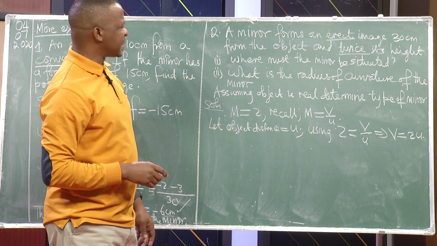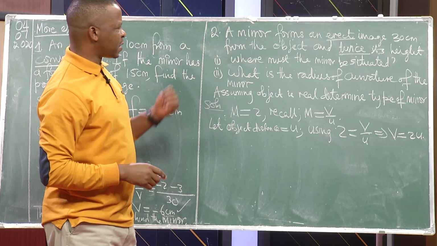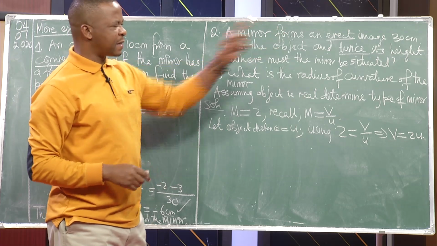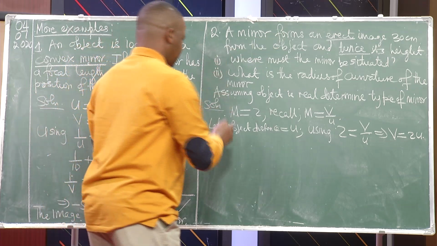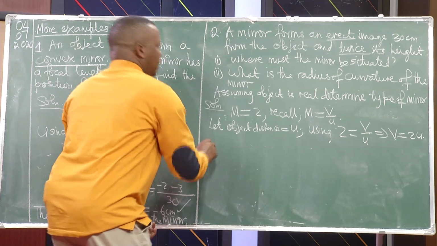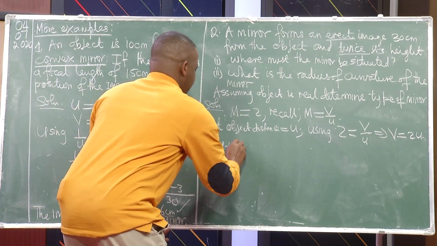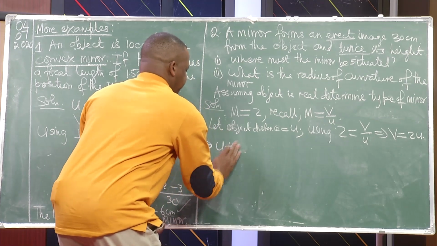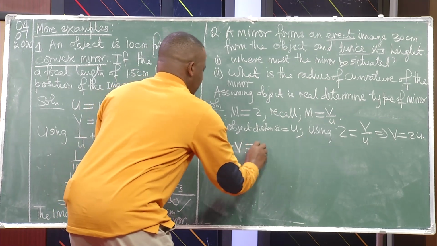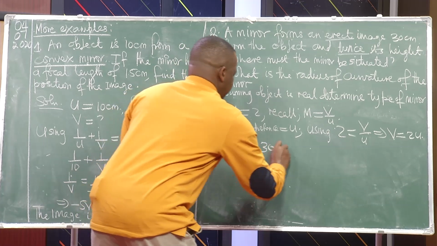And its height is twice the object. And the image is 30 centimeters away from the object. This implies that the object distance plus the image distance should give us a total of 30.